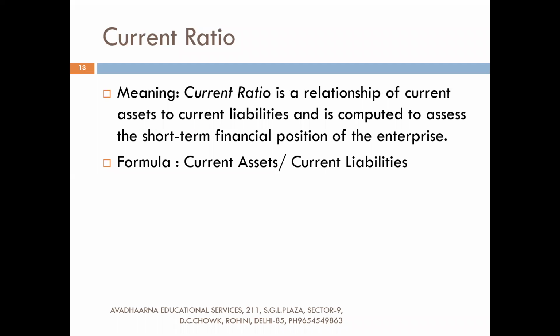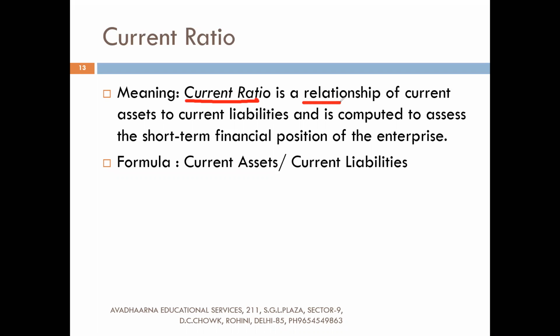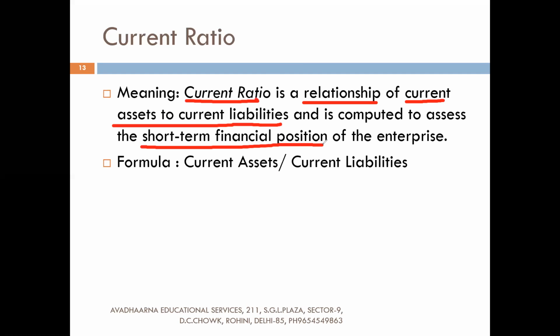The first short-term solvency ratio is your current ratio. Now, current ratio is a ratio being calculated to establish the relationship between your current assets and your current liabilities, and it is computed to assess the short-term financial position of the enterprise.